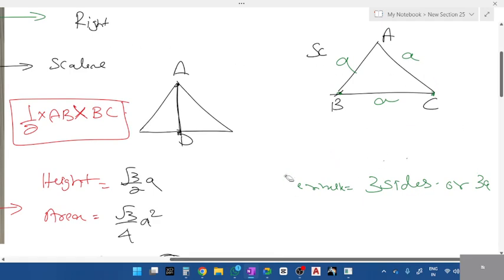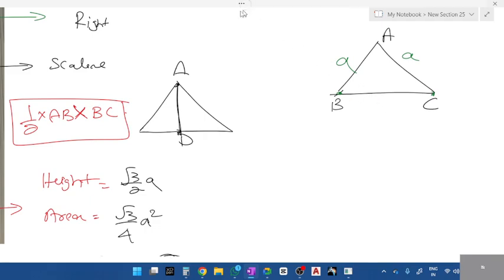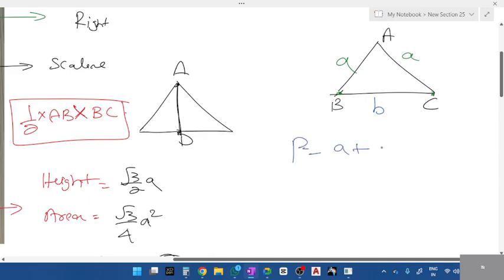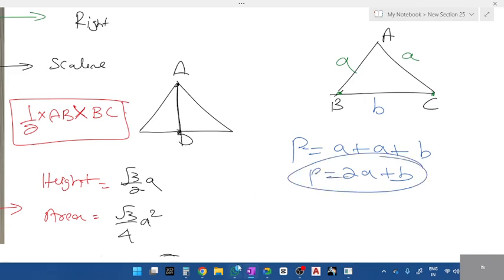Now isosceles. What else is left? Isosceles, equilateral, that's it. What about isosceles, students? Any two sides are equal, right? And the third, unequal side, we take as B. So what is the perimeter? A plus, how many A's are there? 2A plus B is the answer. That is what they've given in the textbook.